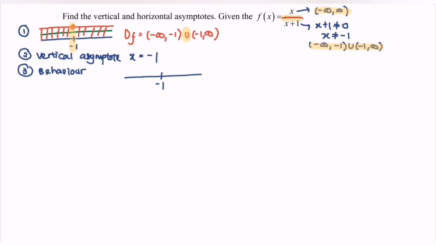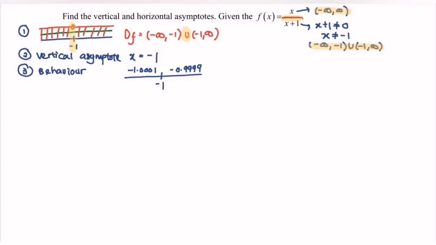The value approaching negative 1 from the left would be negative 1.0001, and for the right hand side, the suggested value will be negative 0.999. So let's study the behavior.